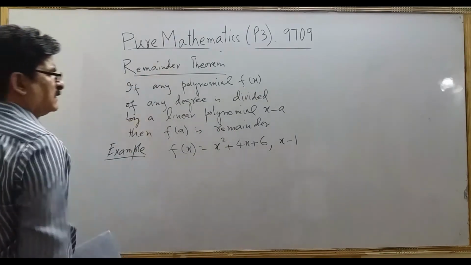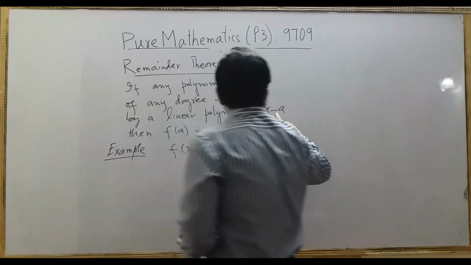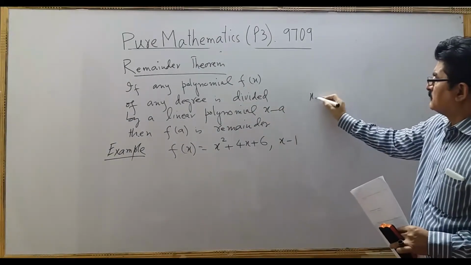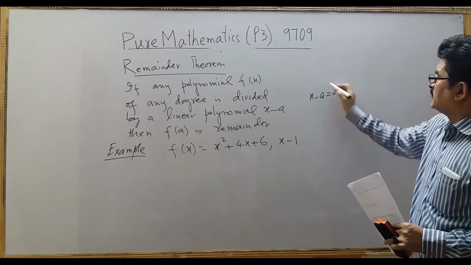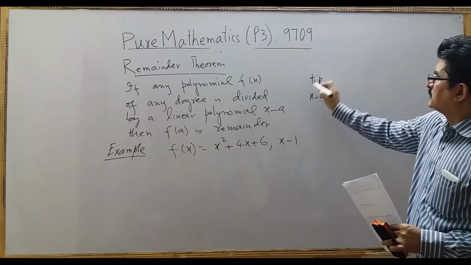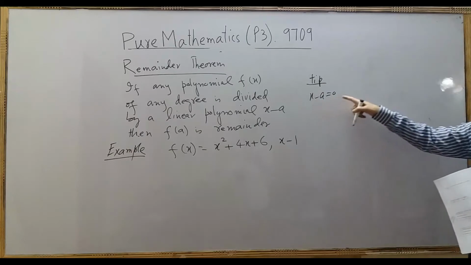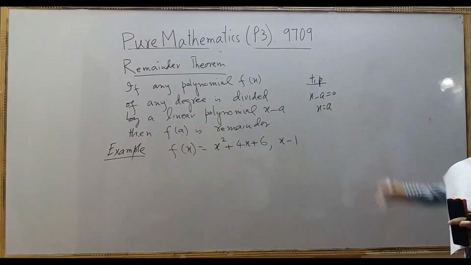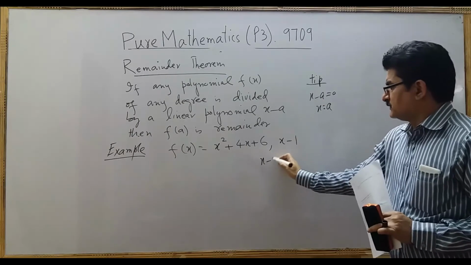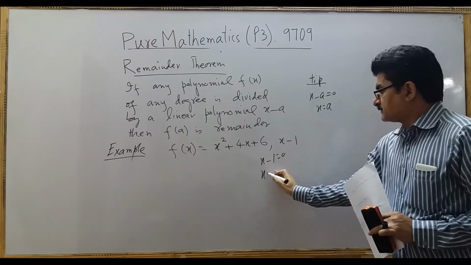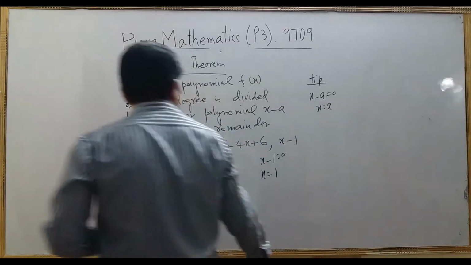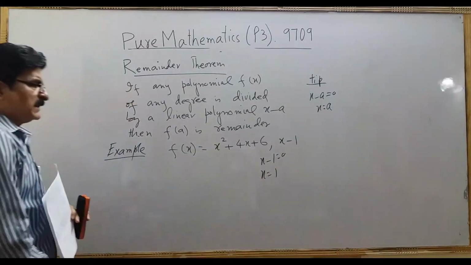Understand this statement, x minus a. This is a linear polynomial. When you divide it, I am giving you a tip: put it equal to 0, you will get x is equal to a. So we apply this, we put this equal to 0, x will become 1.